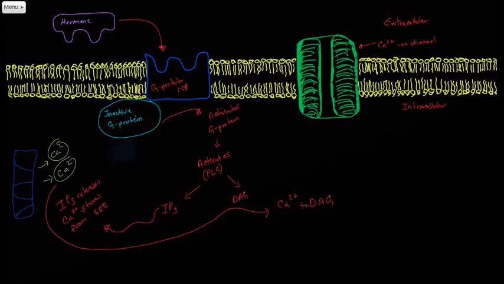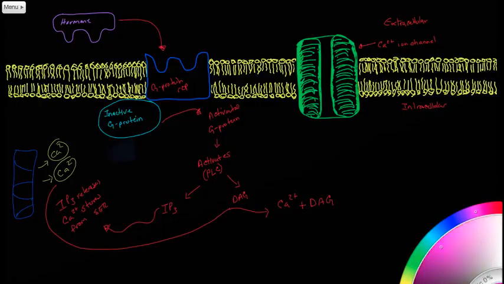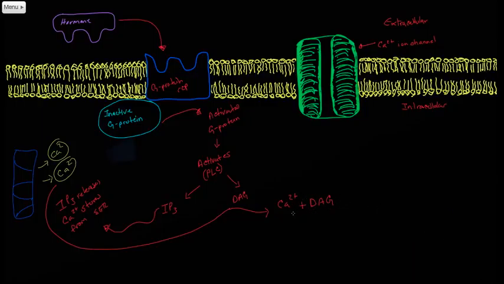Now, once it does that, the DAG, because it's now bound to the calcium, produces another enzyme called protein kinase C, also known as PKC. So these two activate PKC. Now, PKC is also a membrane protein, but once protein kinase C is activated, it is actually able to phosphorylate the calcium ion channel proteins.